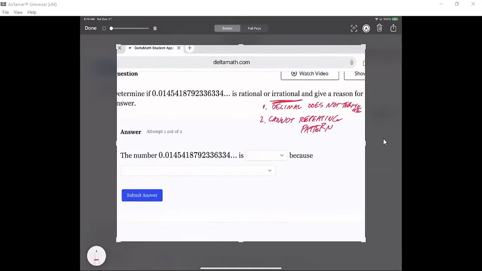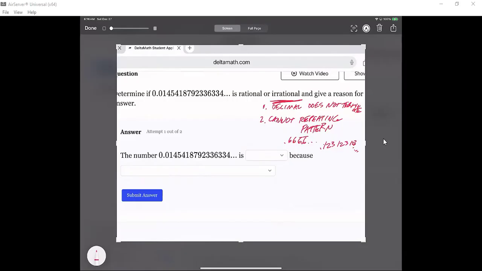Now, a repeating pattern is something like 6, 6, 6, 6 going on forever, or 0.123123123, going on forever. That's what a repeating pattern is.